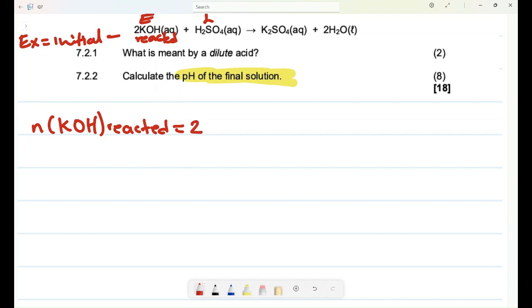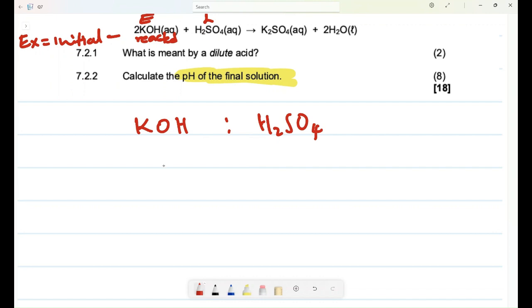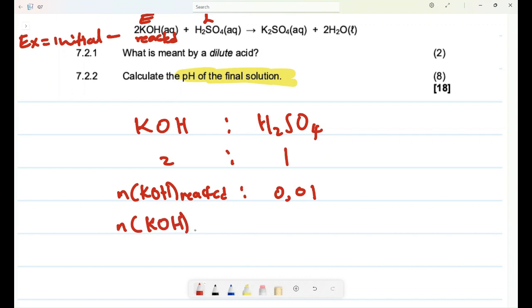Why? Because the ratio of KOH to H2SO4 is 2 is to 1. We are trying to find the number of moles of KOH that has reacted, so we use the number of moles of H2SO4, which is 0.01. So when you do your mathematical gymnastics, you'll get the number of moles of KOH that has reacted.